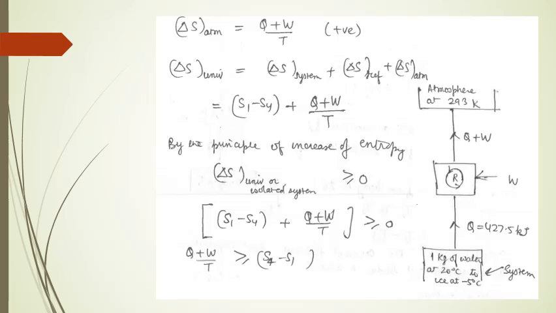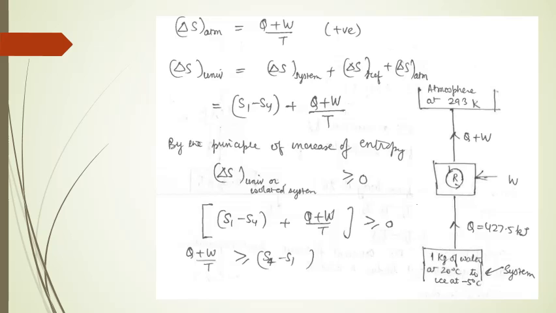Now 1 kilogram of water at 20 degrees Celsius, which has to be converted into ice at minus 5 degrees Celsius, is our system. So for this we will have to extract 427.5 kilojoule of heat from this substance, that is 1 kilogram of water at 20 degrees Celsius.